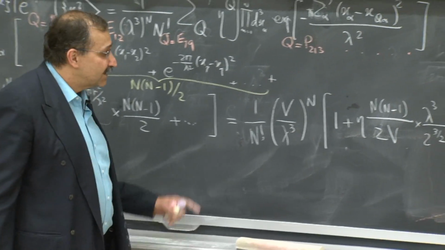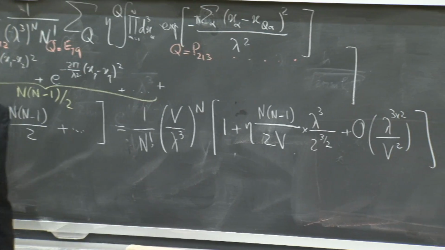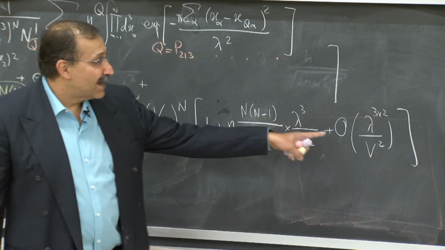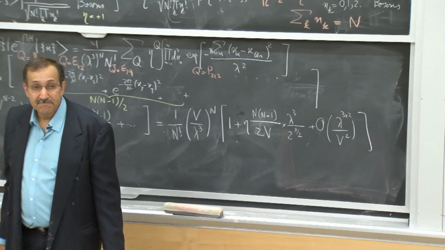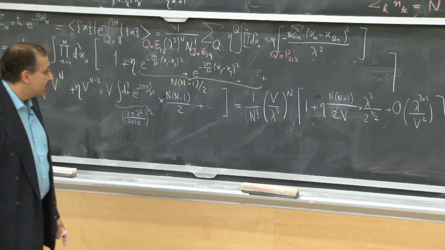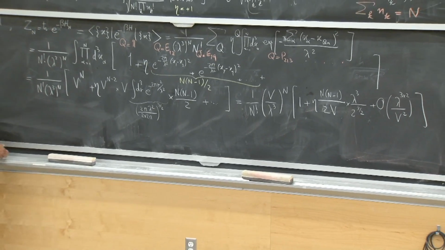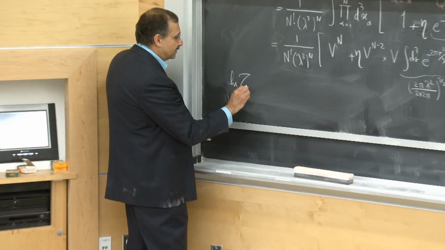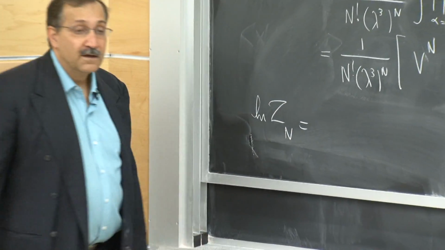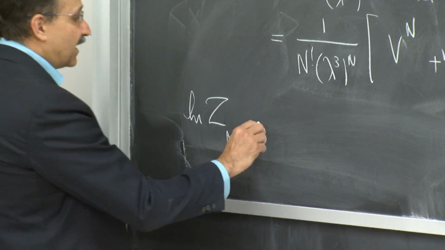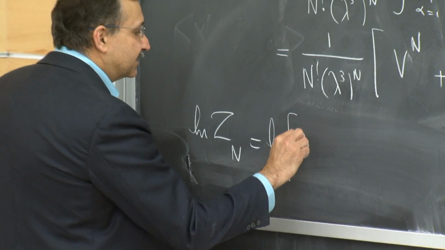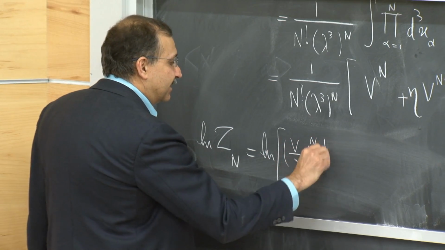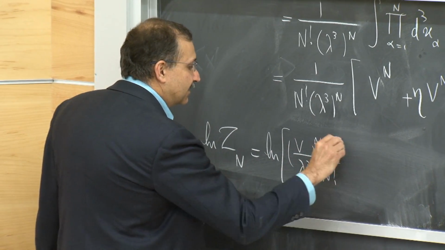Secondly, we see that the corrections to ideal gas behavior emerge as a series in powers of lambda cubed over v. For example, if I were to take the log of the partition function, I would get the log of what I would have had classically, which is v over lambda cubed to the power of n divided by n factorial.